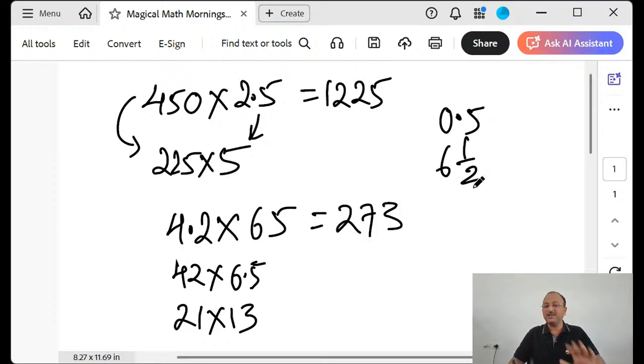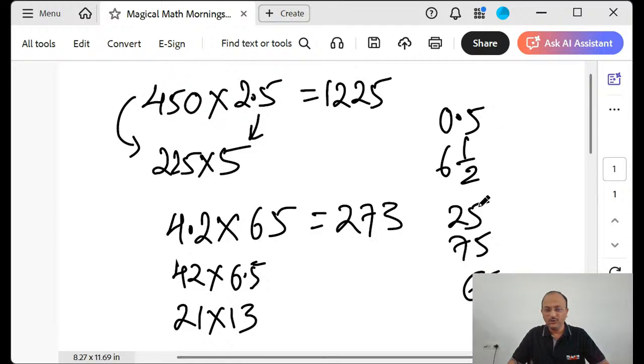So while putting 0 and point, you can just cross check like that and you can put the decimals. Okay, decimals and zeros, be careful. We can use the numbers ending with 0.5 or half fractions, even if they had given also, we can be able to do it very easily, correct? And also we can extend the numbers with any numbers ending with 5. We had seen multiplying 25, 75, 65 like this.